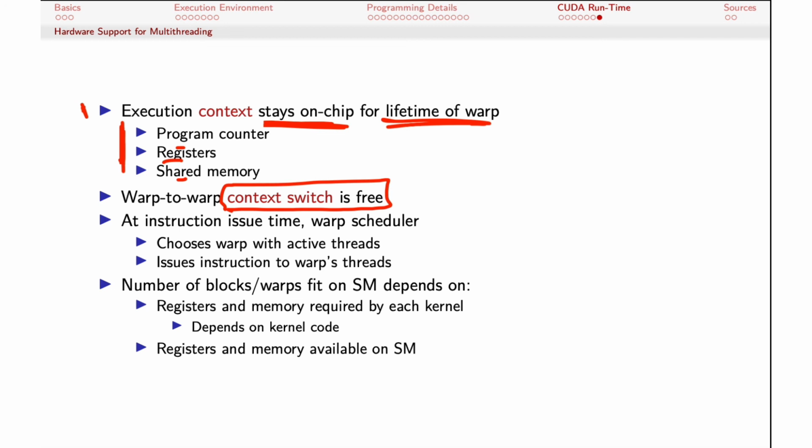So what's going to happen here, when the warp scheduler is ready to issue an instruction, basically ready to skip to the next assembly language instruction that it's executing, the warp scheduler is going to look at all the active warps and choose one that is ready to go and issue the instruction to that warp. And in the very next instruction issue time, if that warp is no longer a promising candidate for continuation because it's waiting on I/O or waiting on memory access, for example, the scheduler can switch to a totally different warp and kind of bounce back and forth between those warps with no cost, right?